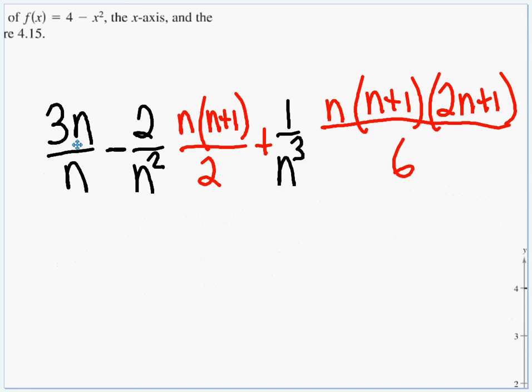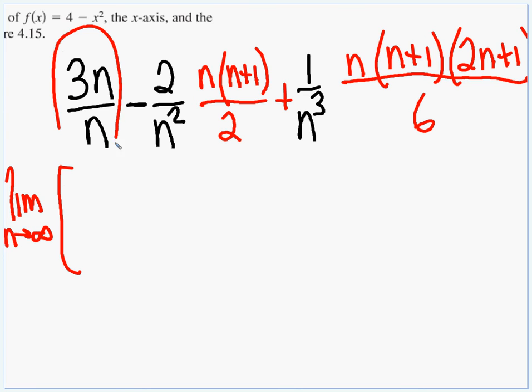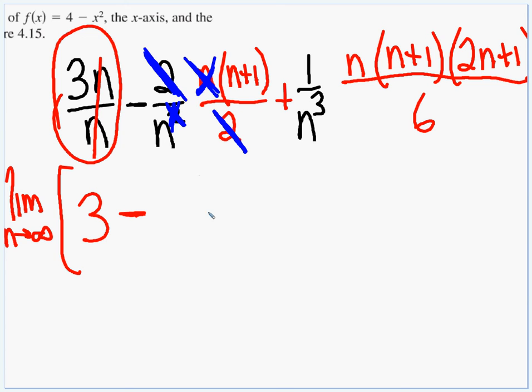Okay, let's simplify each of those terms, and I might have enough room now to get my limit notation back in there. So the first term, 3n over n, easy, n's cross, we got a 3. Minus. On the next one, we can cancel the 2's on the diagonal, and we can cancel this n with one of these down here. So that's nice. We're going to have an n plus 1 over n.